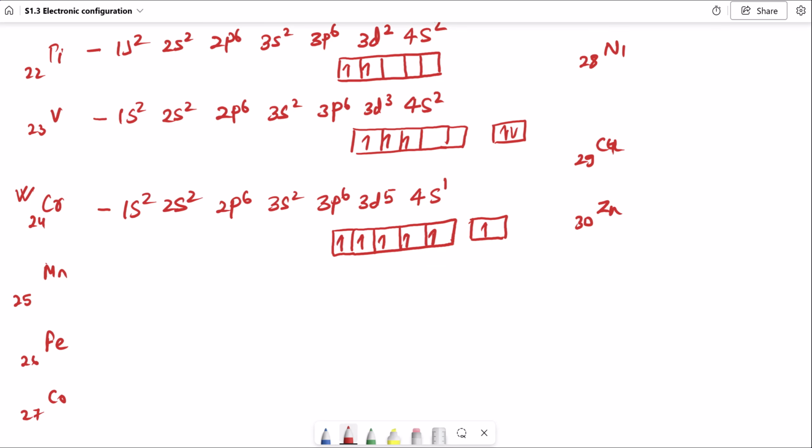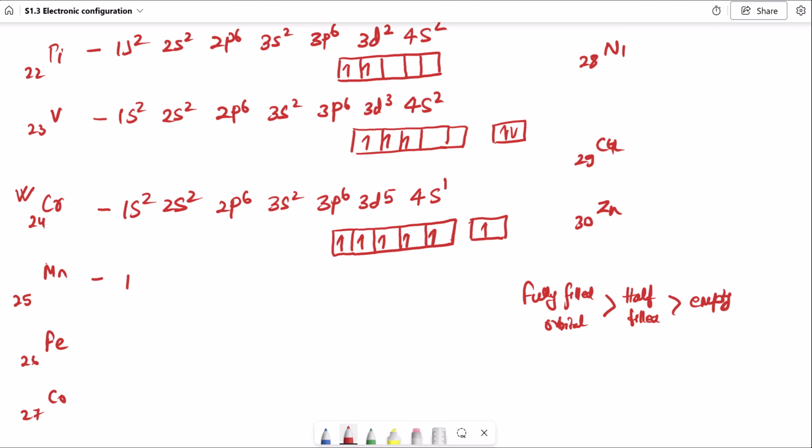The most stable is a fully filled orbital, more stable than half filled and empty. So to give one electron, make everything half filled. Half filled are more stable than empty. That's why this has happened.